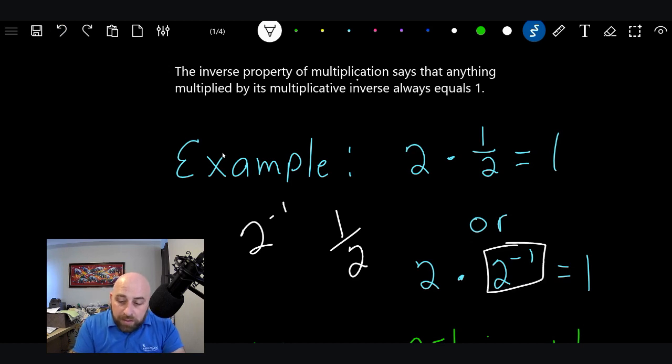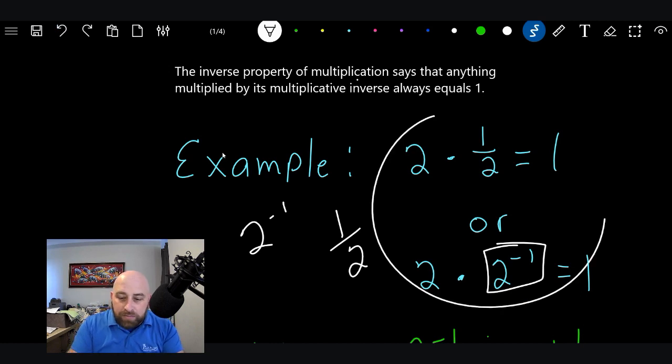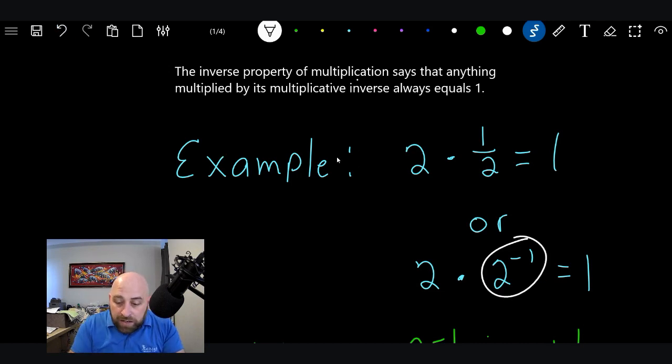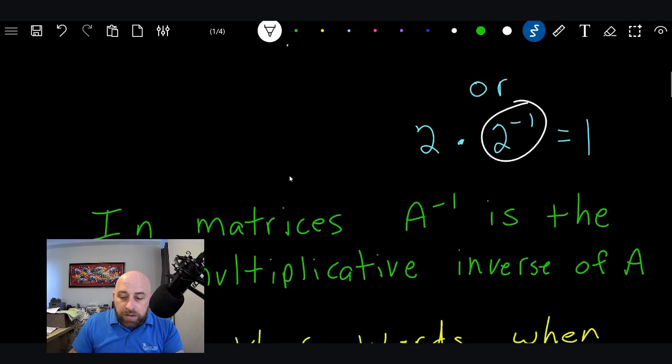That means 1/2, because the -1 makes you flip the 2 into the bottom. Basically, you're inverting it. So again, it equals 1. These two things are the same concept, so don't be confused by those. I wanted to show you both because this is the concept we're going to be using with the matrices.